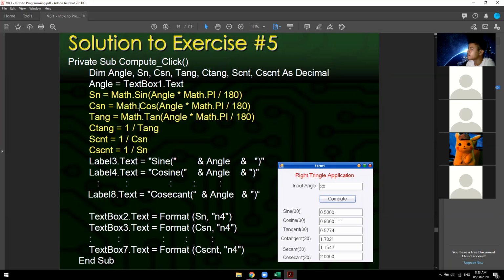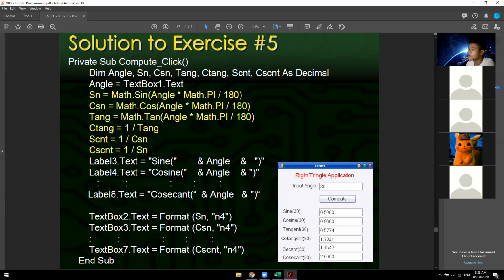Then all we need is a computation. We only need the angle, which is TextBox1.Text, multiplied by Math.PI divided by 180. That gives you the sine, cosine, and tangent.